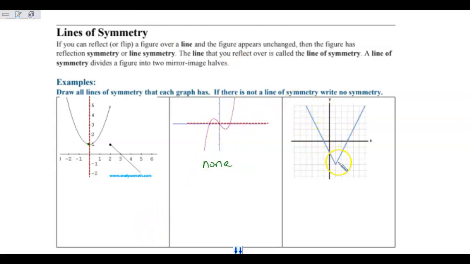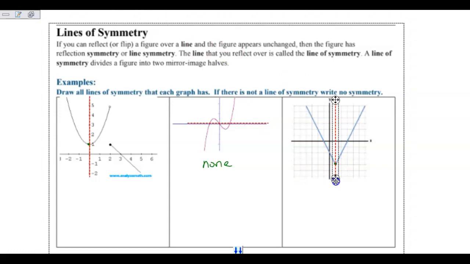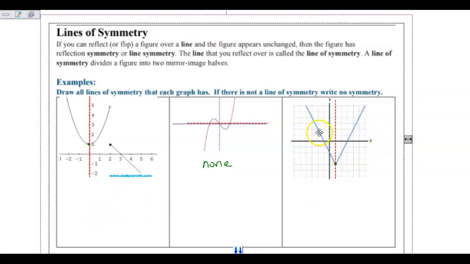When I take a look at this one, this V, my lowest point here, and then I'm going to draw my line through that point. I'm going to draw a vertical line. If I were to flip this side over, it would match up directly with this.